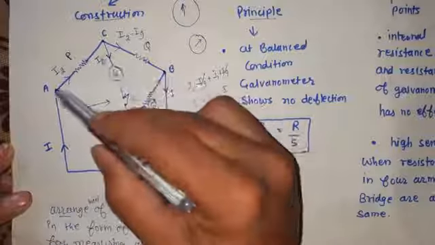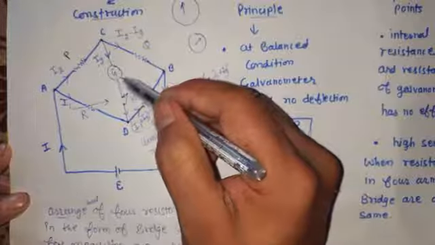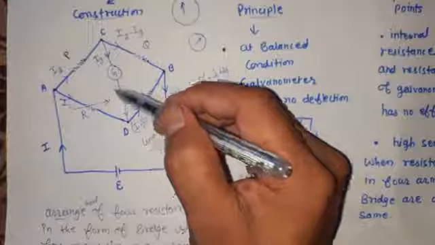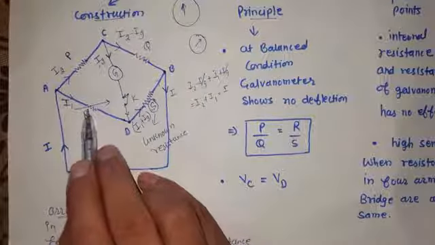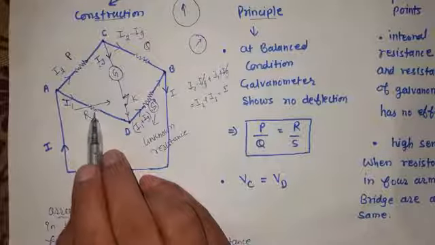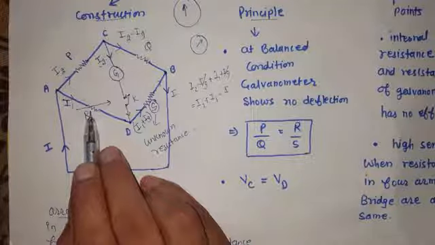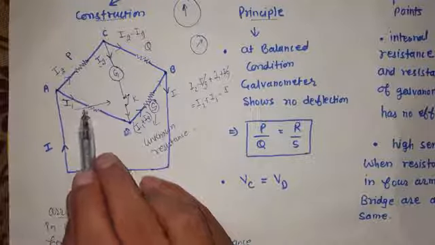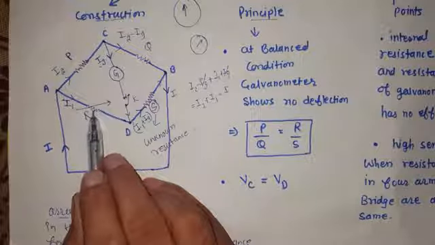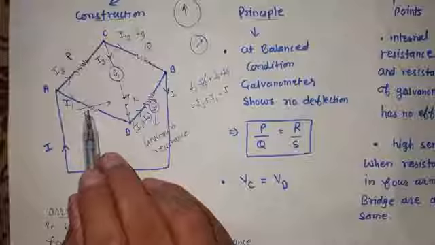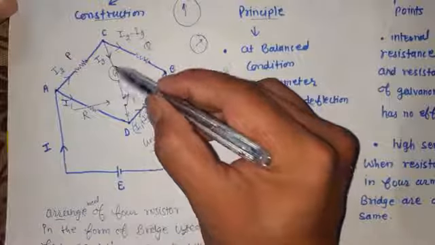A galvanometer is used between C and D to check the presence of the current. Now students, we are changing the resistance of this resistor, because the resistance of this resistor can be changed. So over here, when we are going to change the resistance of this resistor, we will bring it to such a value so that the current through this galvanometer will become zero.